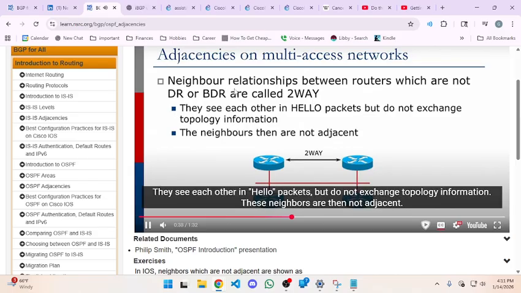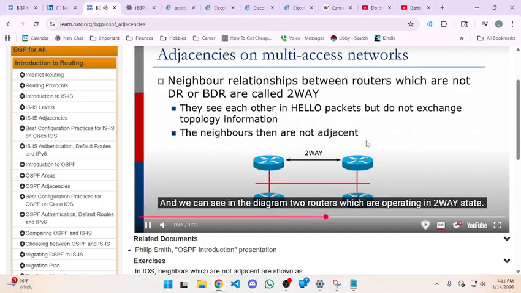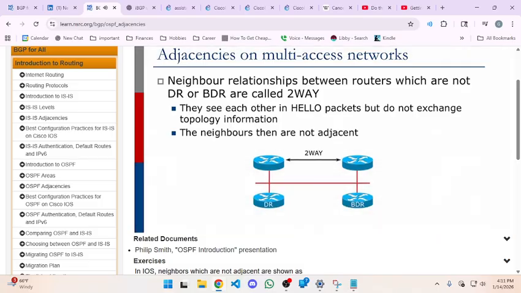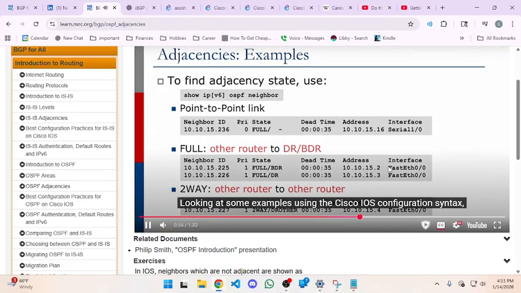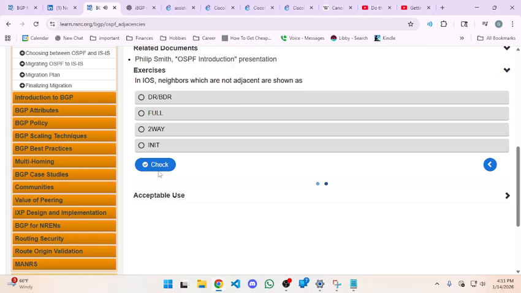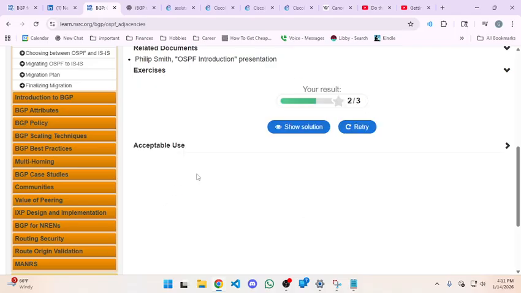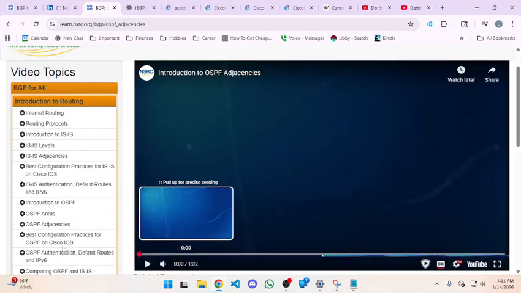They see each other in hello packets, but do not exchange topology information. These neighbors are then not adjacent, and we can see in the diagram two routers which are operating in two-way state. Okay, so they're not adjacent. They're two-way. All right. Next one.